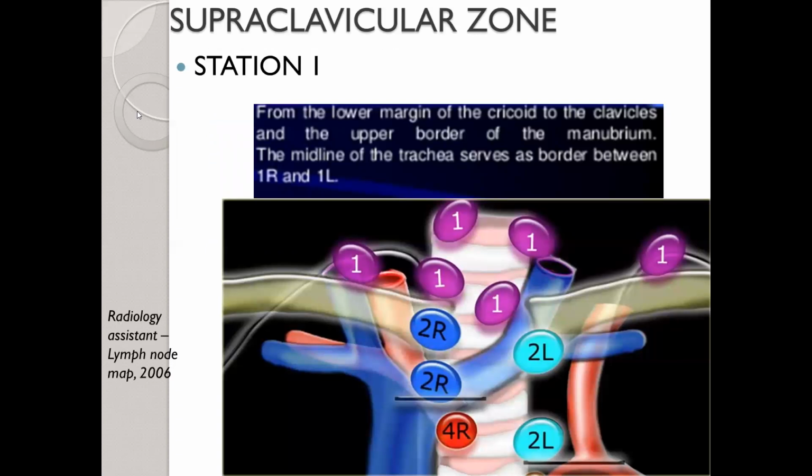The first zone is the supraclavicular zone, and supraclavicular zone is the home to station 1. As the name suggests, it represents these lymph nodes labeled as 1 in purple, which are found above the clavicular region. They extend from the lower margin of the cricoid superiorly to the clavicles and the upper border of the manubrium.